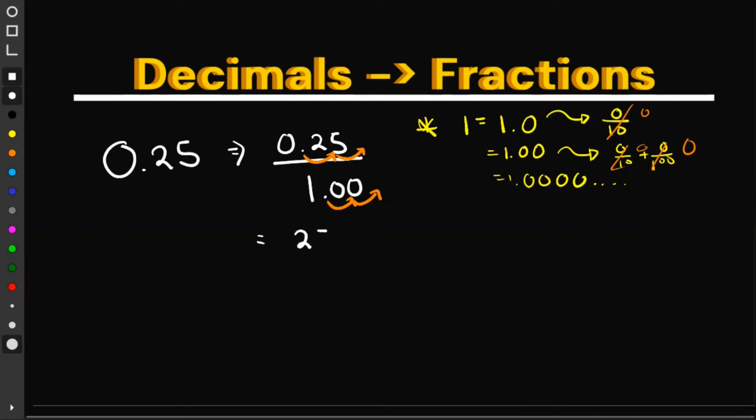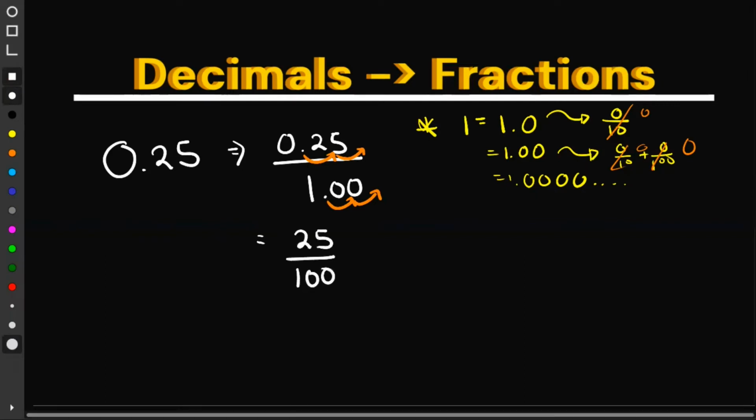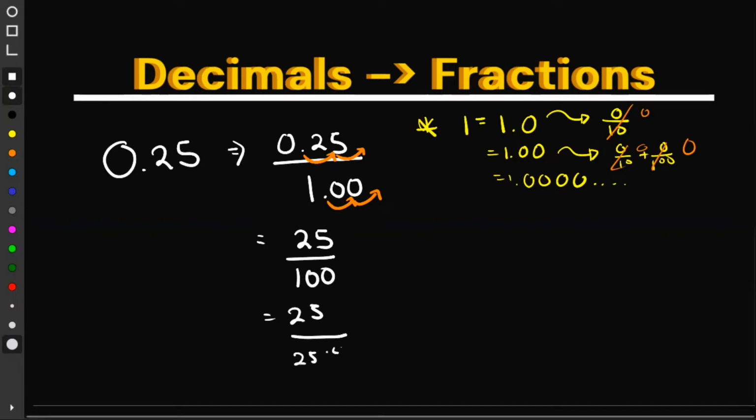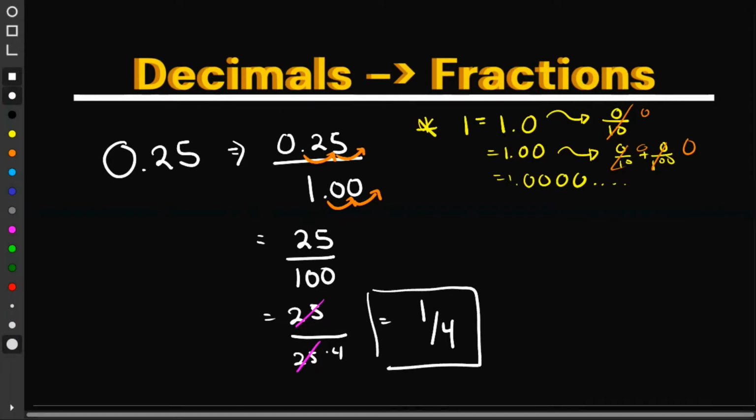This would give us 25/100, which is equal to 25 times 1 over 25 times 4, and we can cancel the 25, leaving us with 1/4. And that is how we can convert decimals to fractions.